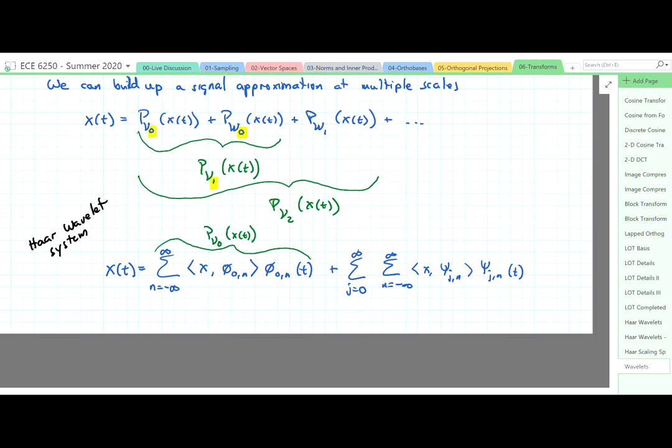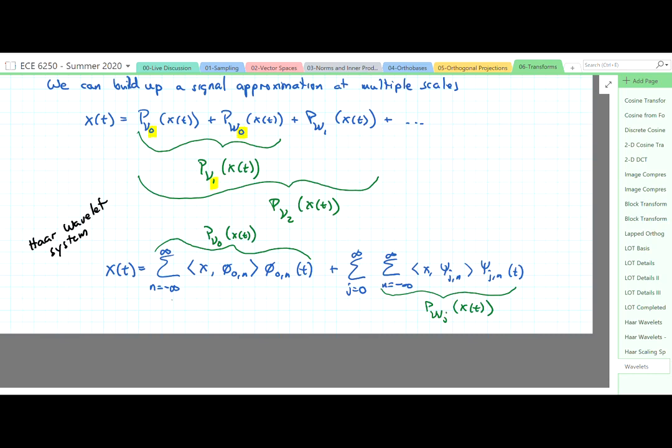This next part right here is the projection onto wavelet space J. x of t, so the signal itself, is going to be our projection onto our scaling space V0, and then the sum of all the infinite projections onto the wavelet spaces.